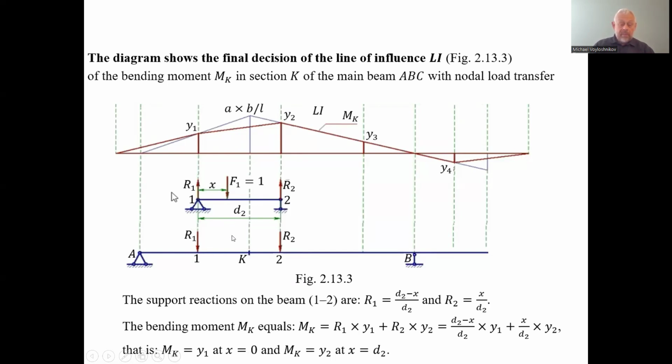And the influence on the bending moment in a definite point K, the point K corresponds to the second span of the 1, 2 panel. The bending moment we can find as a total of the product R1 by Y1, where Y1 is the ordinate of the line of the action of the unit force.